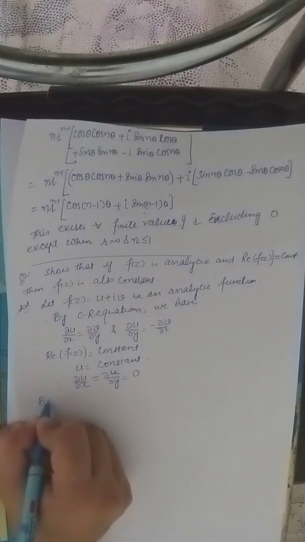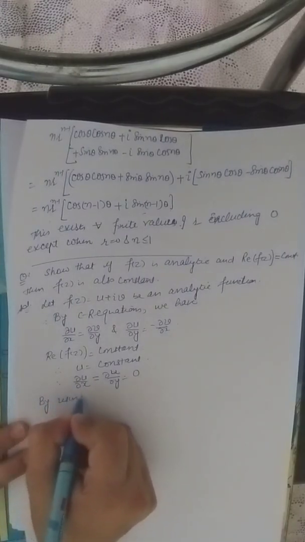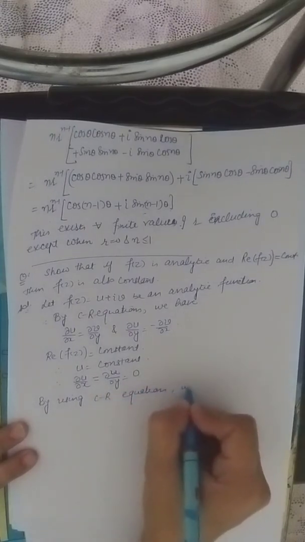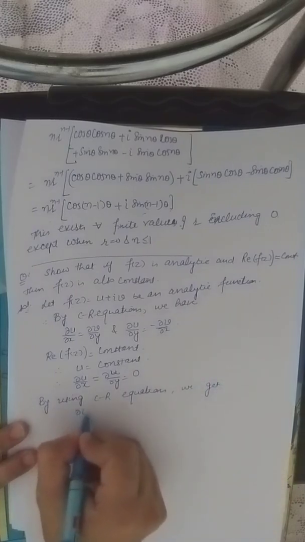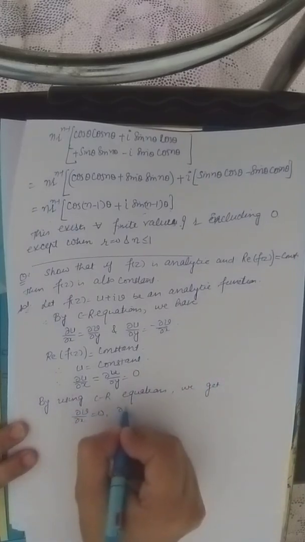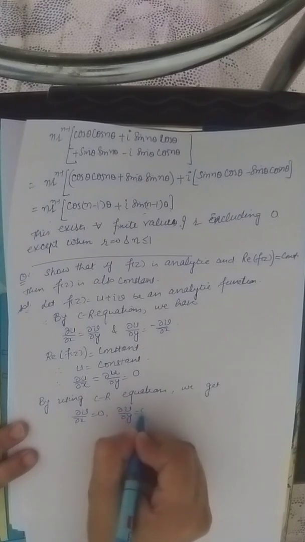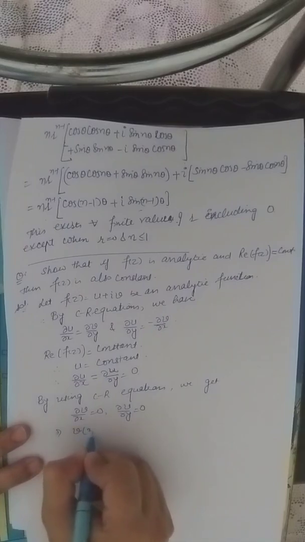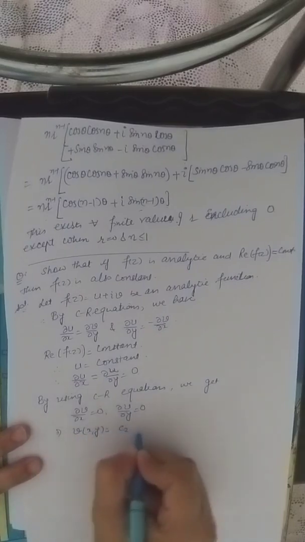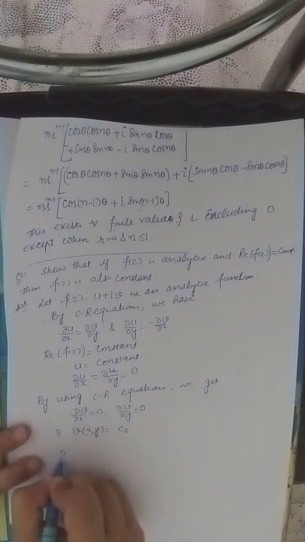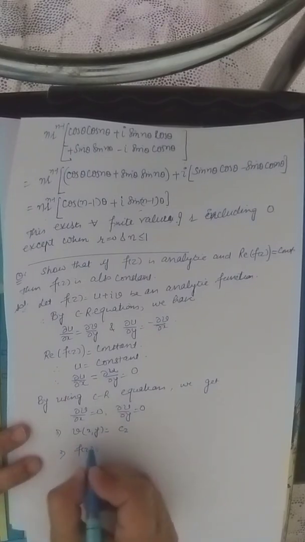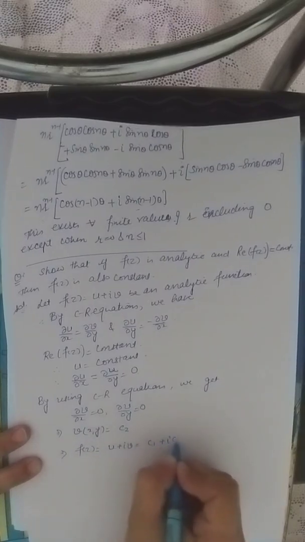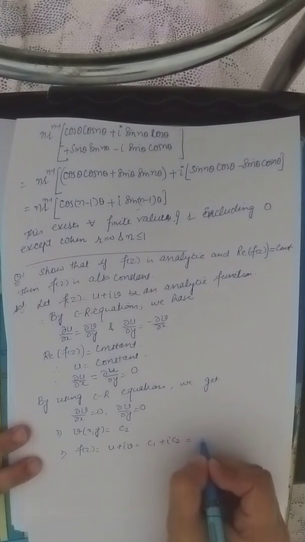And by using CR equations, we get the partial derivative of v with respect to x equal to 0, and with respect to y equal to 0. This implies v, a function of x comma y, is also a constant, and this implies that f(z) equal to u plus iota v equal to c1 plus iota c2 is also constant.